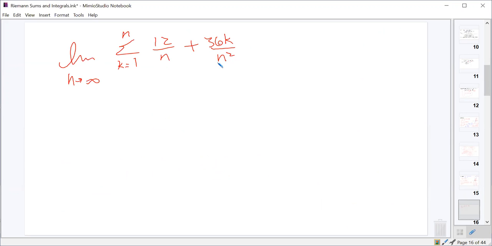And we've got to think again, what happens? What does it mean to sum together a bunch of 12 over n's from the first one to the nth one? How many 12 over n's do I get if I sum together 1 to n of them?